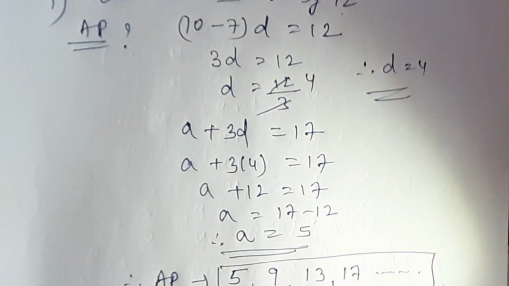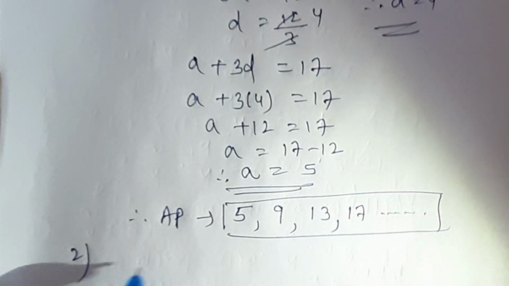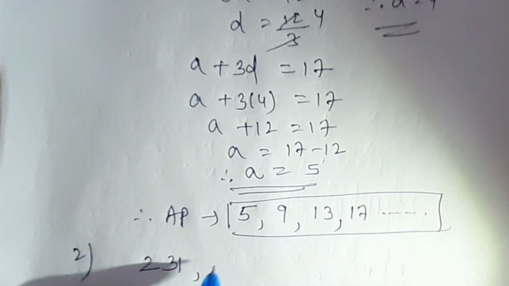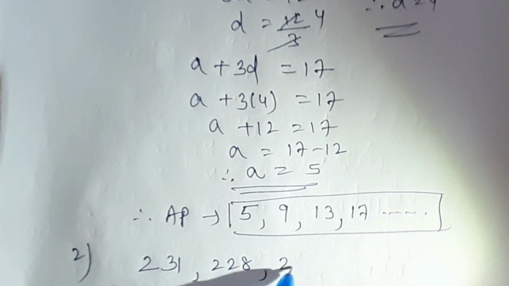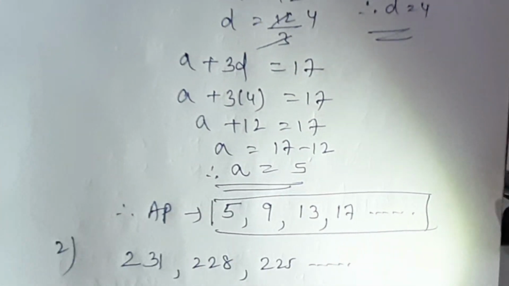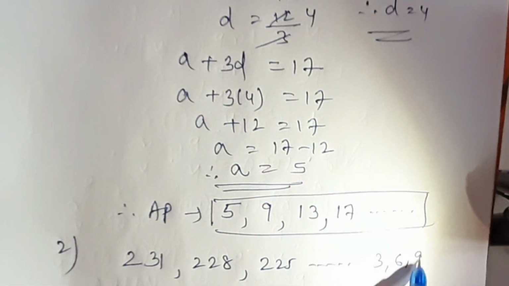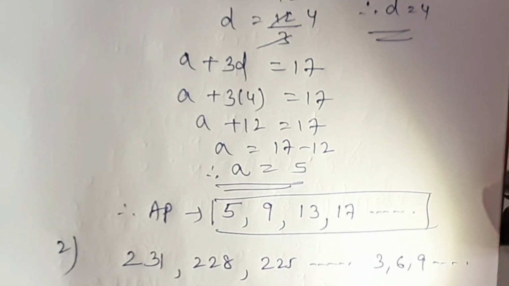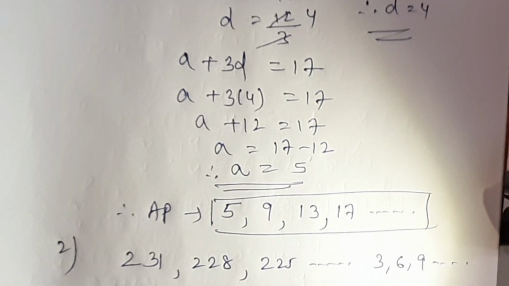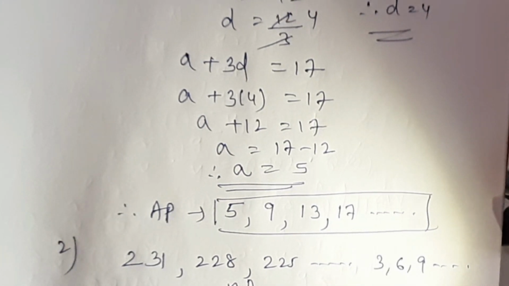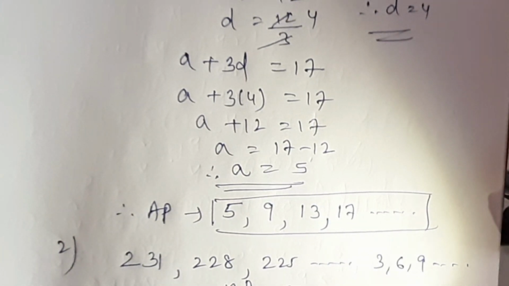The second question can be in the form: 231, 228, 225 and so on, and 3, 6, 9 and so on. They are two APs whose nth term is equal. We need to find n.